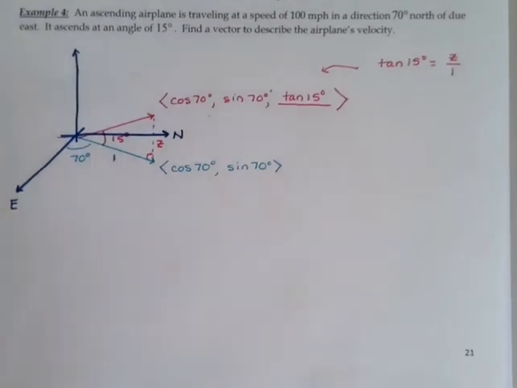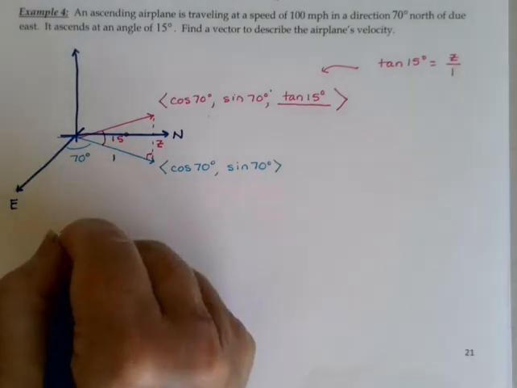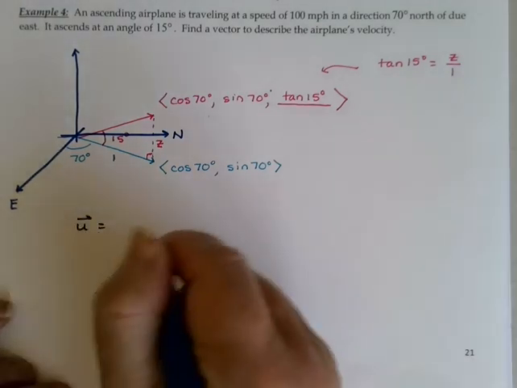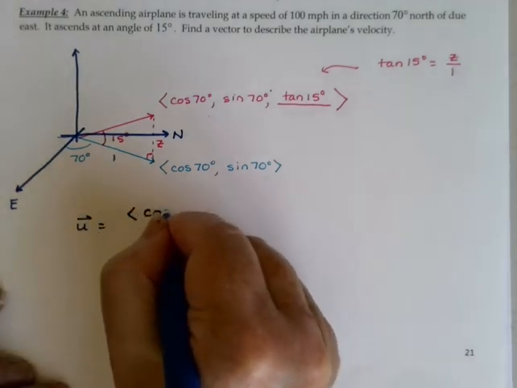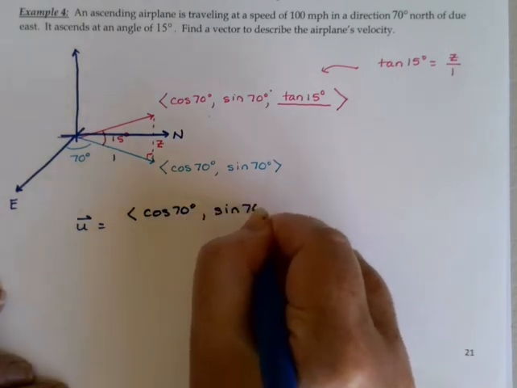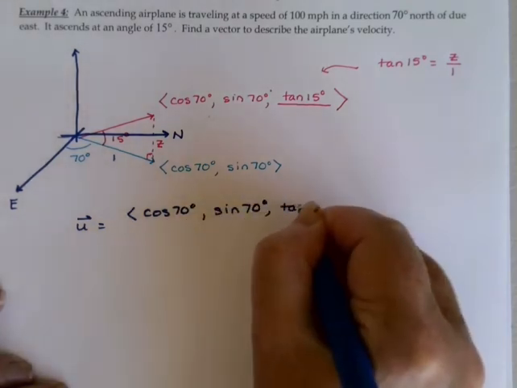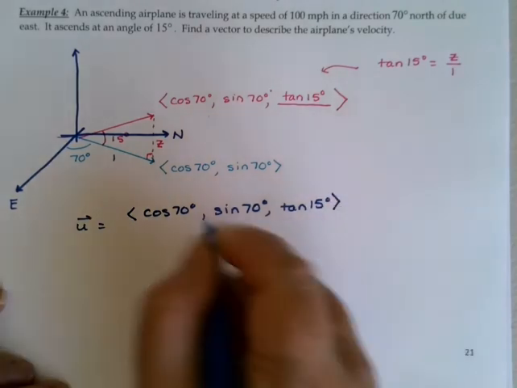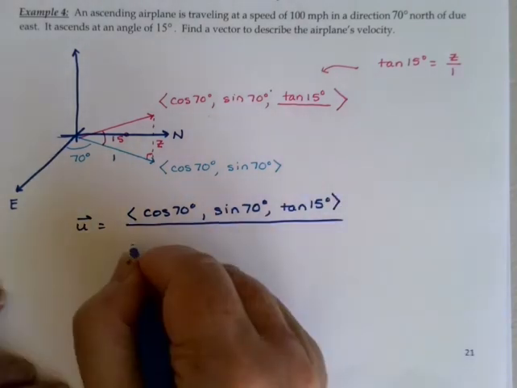So let's work on that. My unit vector is simply going to be the vector we figured out, I guess it wasn't really given, divided by its magnitude.